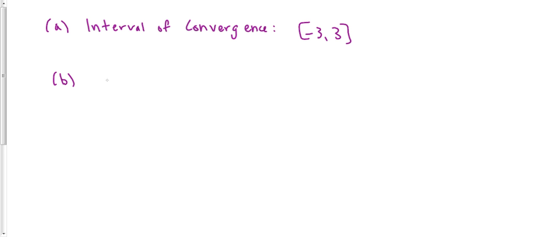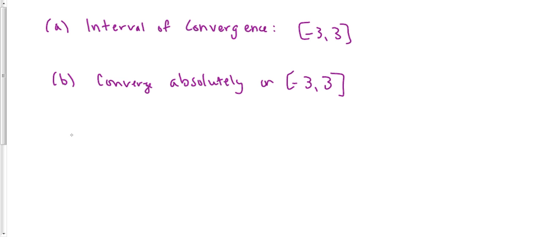For part B, we know that it's going to converge absolutely on the interval from -3 to 3. Those are the x values that will allow this series to converge absolutely. And there is no conditional convergence.